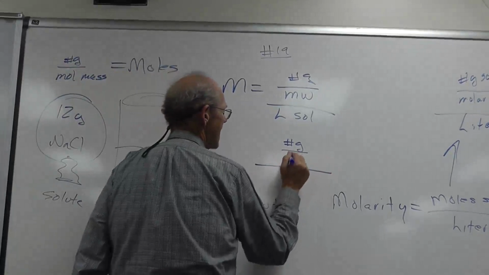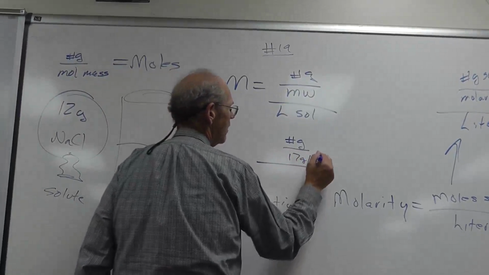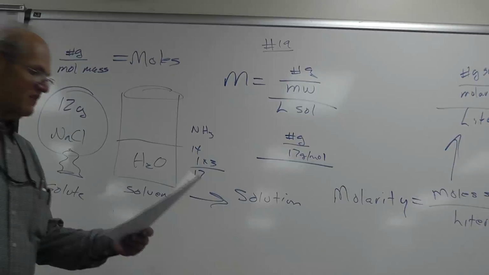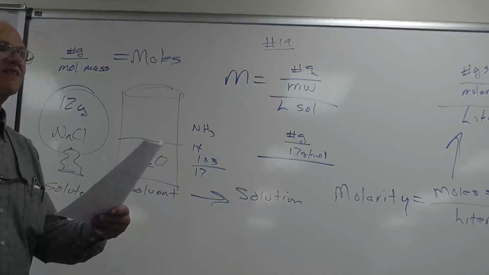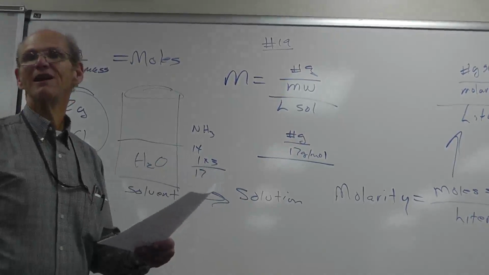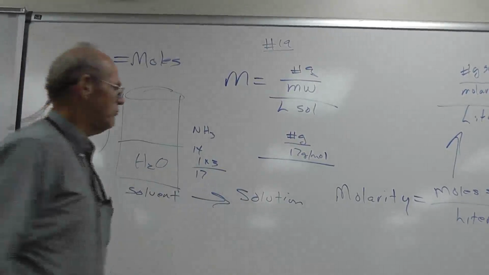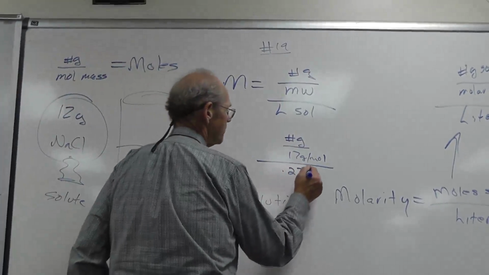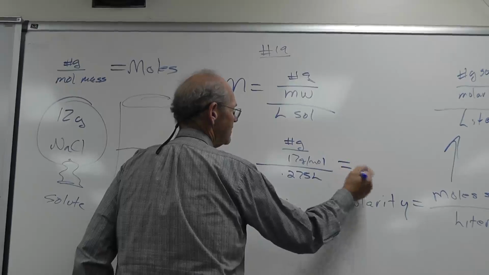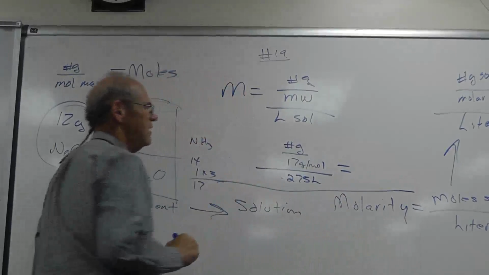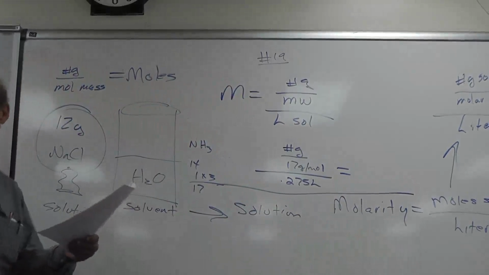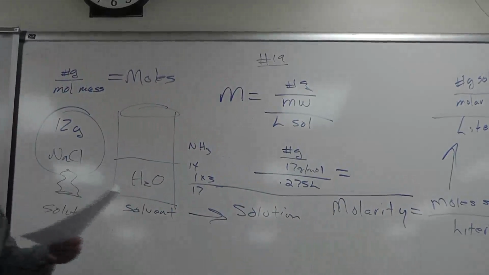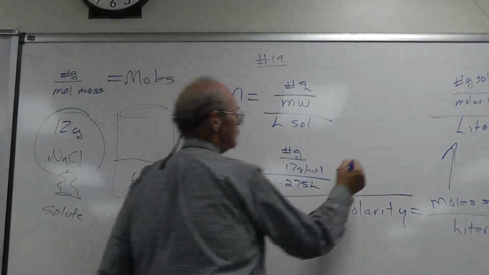So I can say that that's 17 grams per mole. How much volume do I have? 275 milliliters. How many liters is that? 0.275 liters. What's the molarity given in the problem? It says 15 molar. It's pretty concentrated stuff.